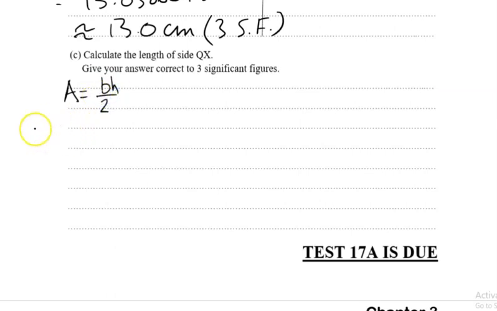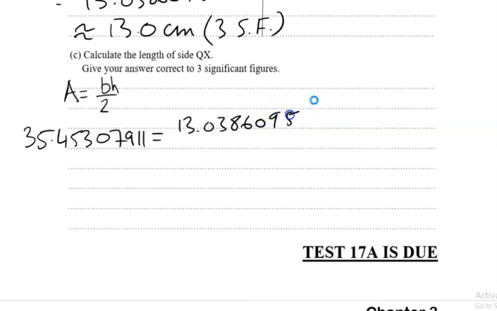We're going to plug in the values. So you have 35.45307911 equals 13.0386095 times the height, divided by 2. So we take 2 to the other side, it becomes multiply.